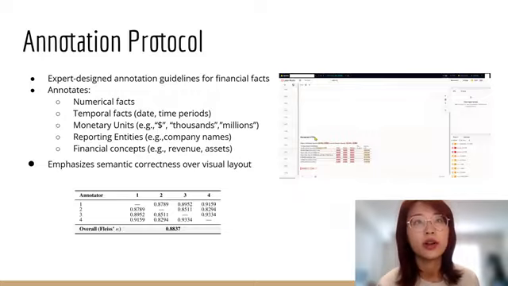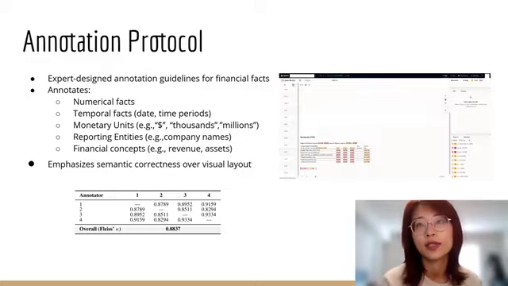For the annotation part, for each ground truth HTML we are annotating them with 5 different types. Here we are leveraging Label Studio, whose UI looks like the screenshot on the right. We leverage it to do the annotation for the 5 different types.